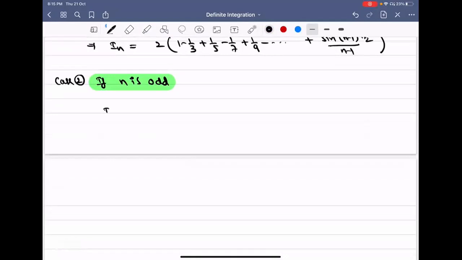I_n minus I_{n-2} is equal to 2 over n minus 1 into sine (n minus 1) into pi by 2. If n is odd, then n minus 1 will be even. n minus 1 is an even multiple of pi by 2. What will the sine of an even multiple of pi by 2 be?